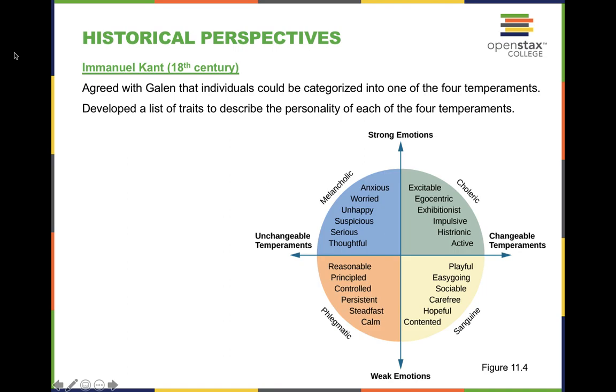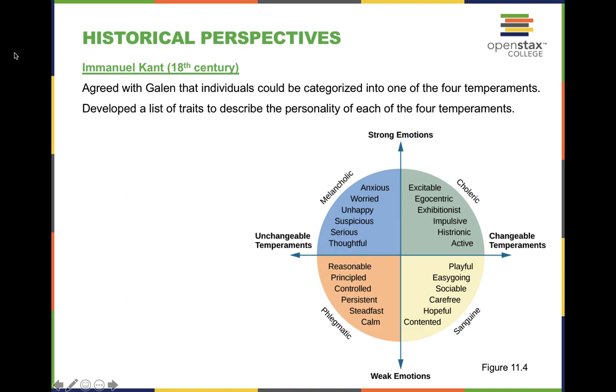He agreed with Galen that individuals could be categorized into one of the four temperaments. So let's go through these four and see if you identify with any of the following. Firstly, choleric, whichever way you like to pronounce it.